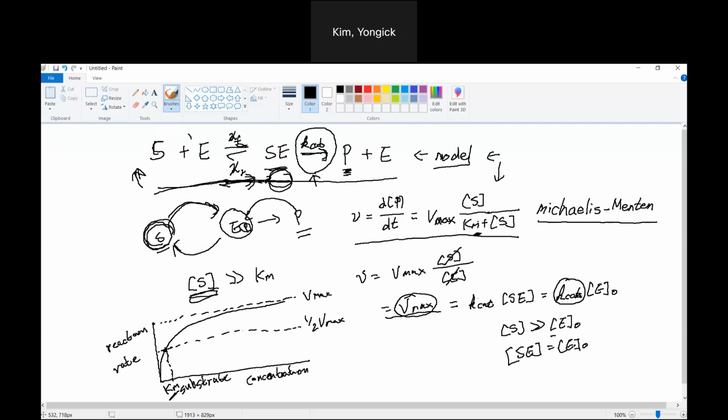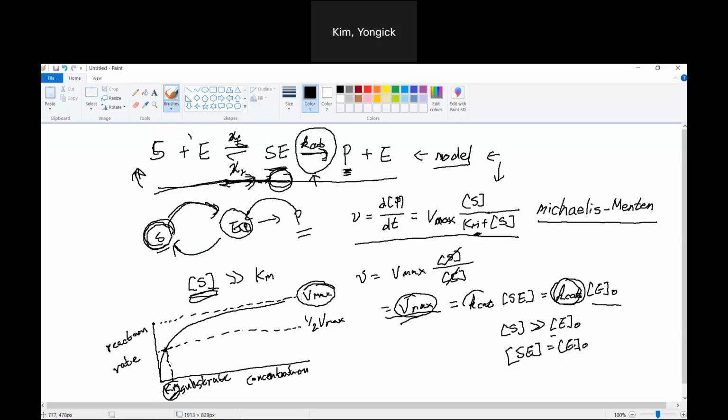So you can get the Km number by experiment using this graph, and you also get the Vmax number by the experiment, and also you can get the kcat number because you know the Vmax and E0 concentration here. So what does this mean?